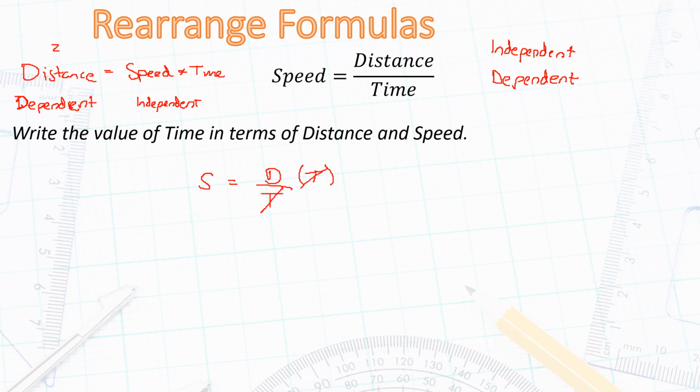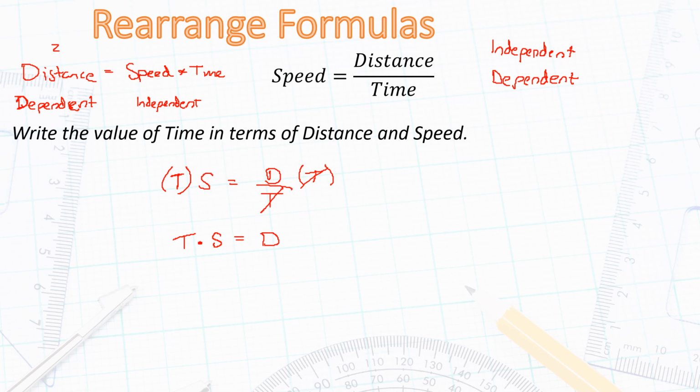If I do it to the right-hand side, I must also do it to the left. So now on the left side, I have time. So we have T times speed is equal to distance. So time times speed equals distance.